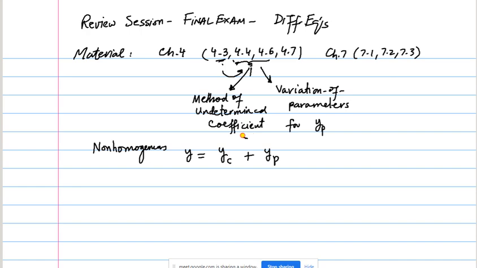So YP will come from one of these methods and YC comes from 4.3, which is the homogeneous part. So that's why 4.3 is important.